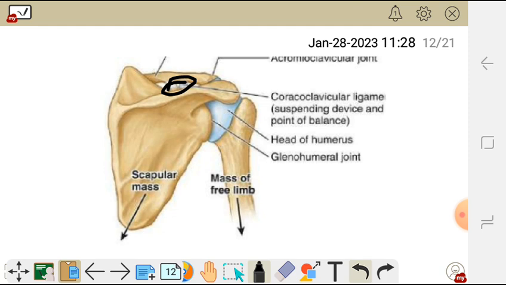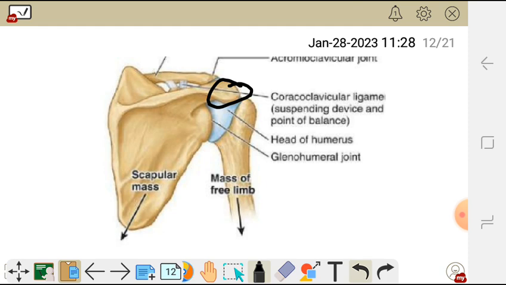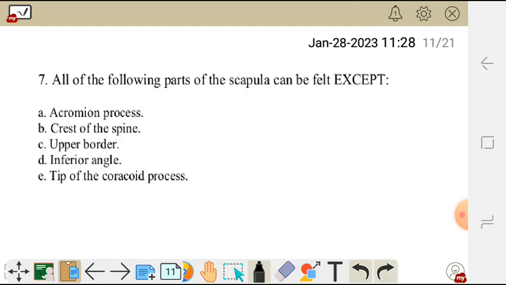It is on the anterior surface of the scapula. It can be felt as well, and we also have the acromion process. These sites can also be felt, except for the upper border. The upper border cannot be felt because that's where the clavicle lies. So the correct answer is C, the upper border.